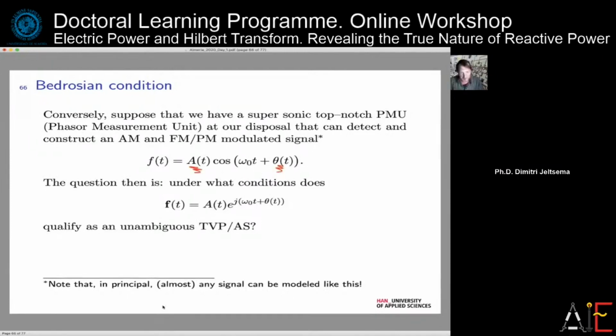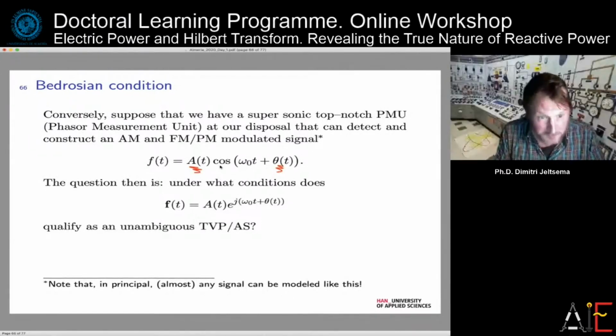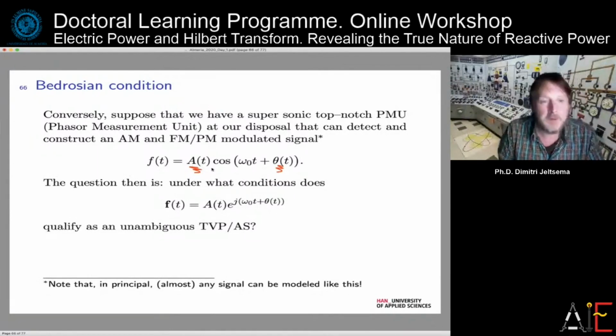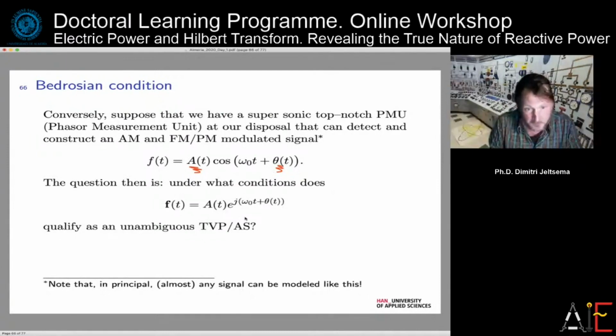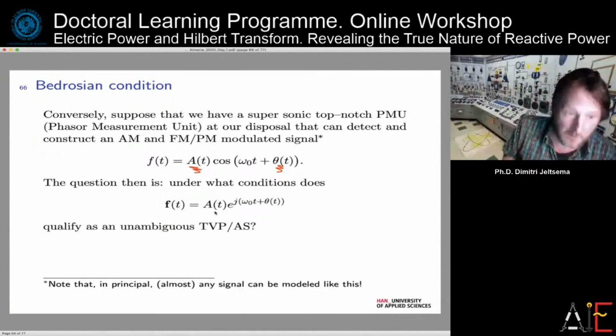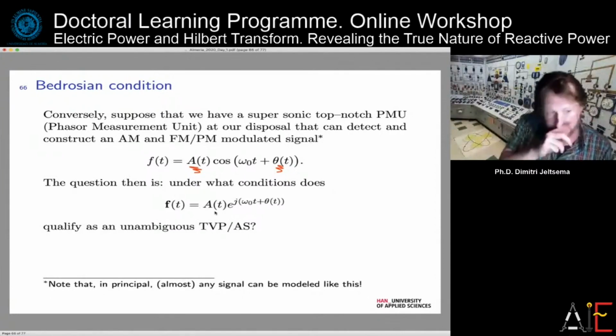Then the question is, given this representation, under what condition does the straightforward construction of your analytical signal, by just taking this amplitude and this phase and constructing your time varying phasor, is done in an unambiguous way?